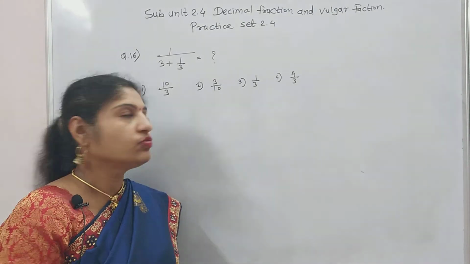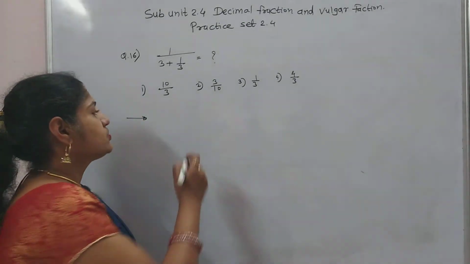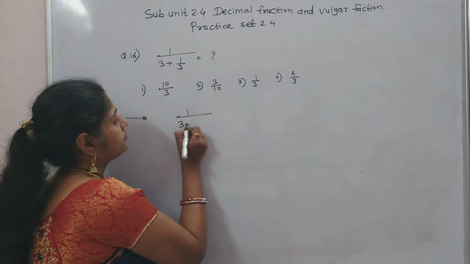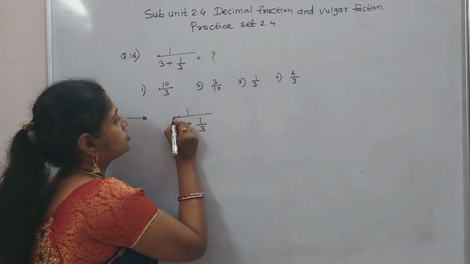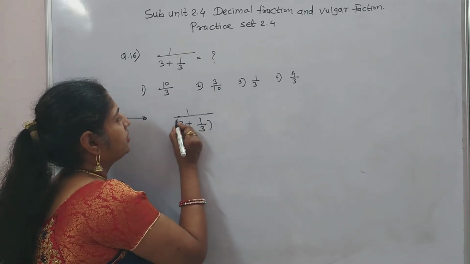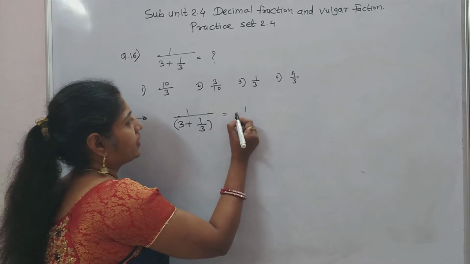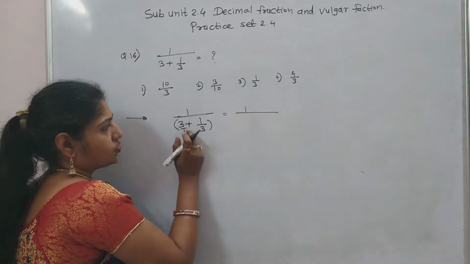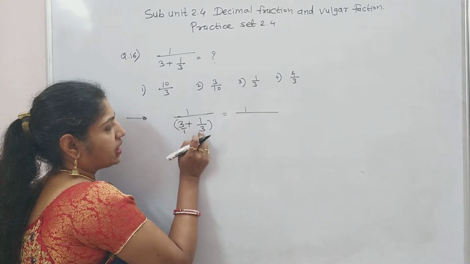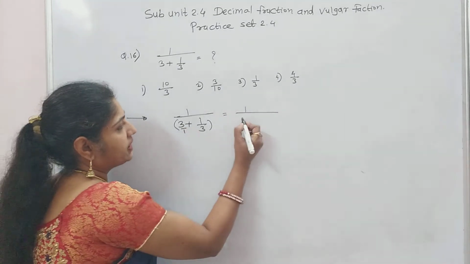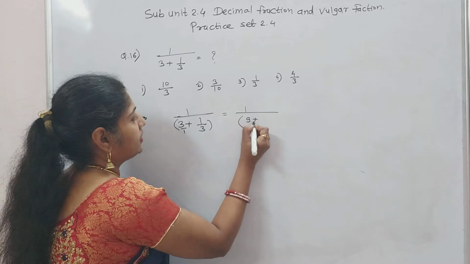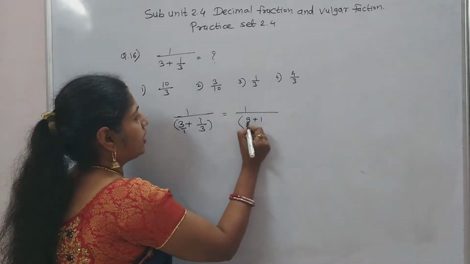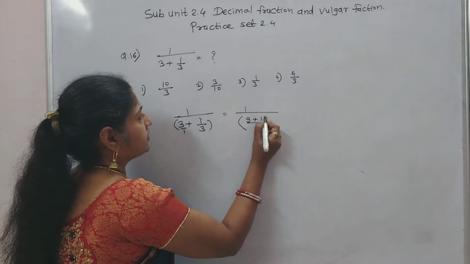Next question is 1/3 plus 1/3. Solve the addition at the denominator. Addition is take 1 here. So denominators are not equal. So by cross multiplication, 3 3s are 9 plus 1 1s are 1 upon 1 into 3, 3.